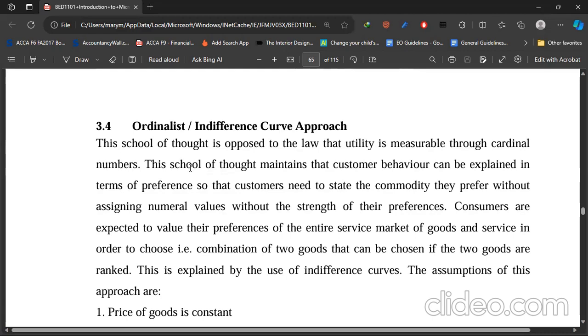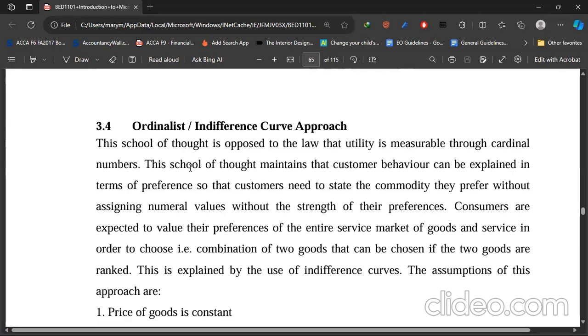But if you look at the video of our previous class, when we were discussing the differences between the ordinal, or what we call the indifference curve approach, we say that this school of thought is opposed to the law of utility being measurable through cardinal numbers.